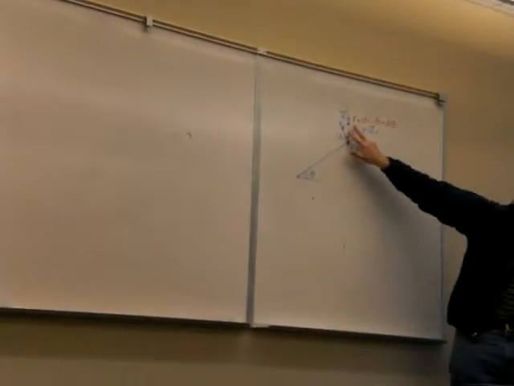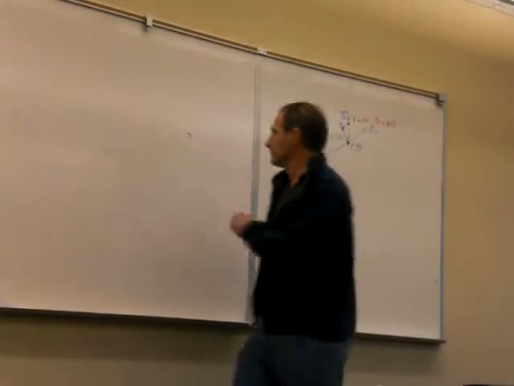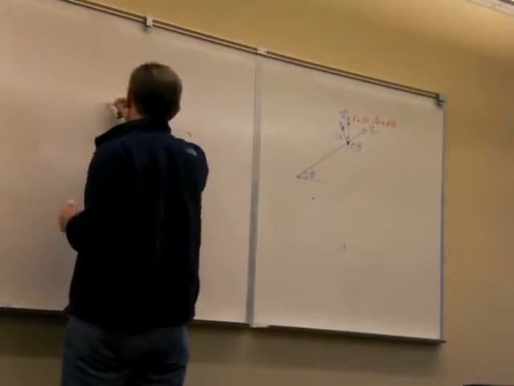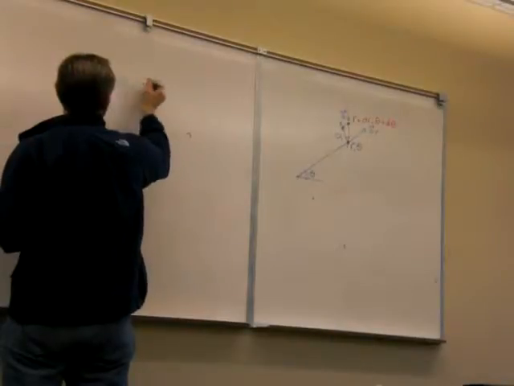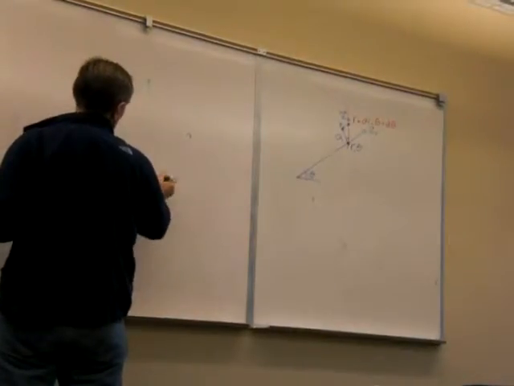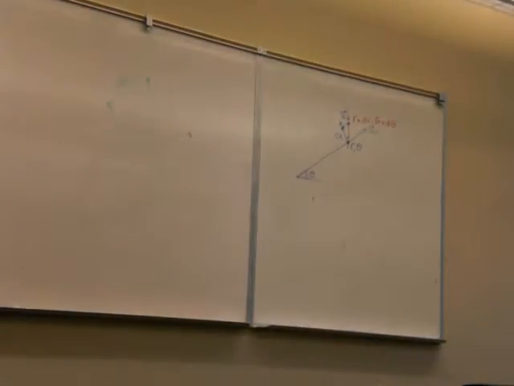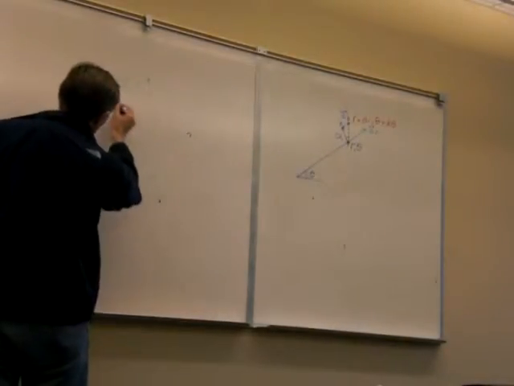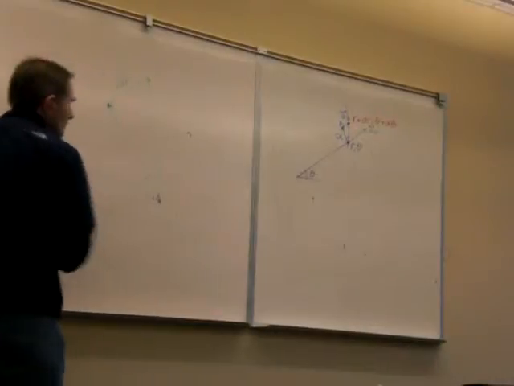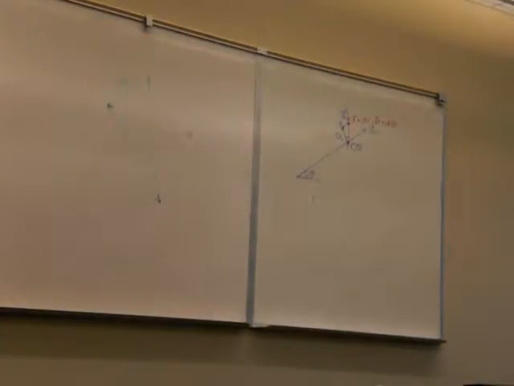So that little distance here, let me draw it bigger. That distance here would be a dr. And what would be that distance here about? D theta is not a distance. D theta is an angle.